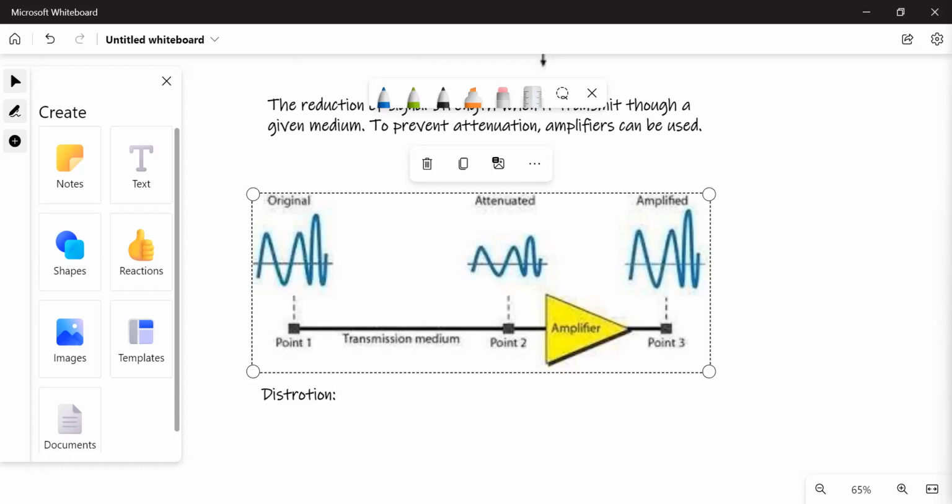Now, distortion means that the signal, the shape might change.